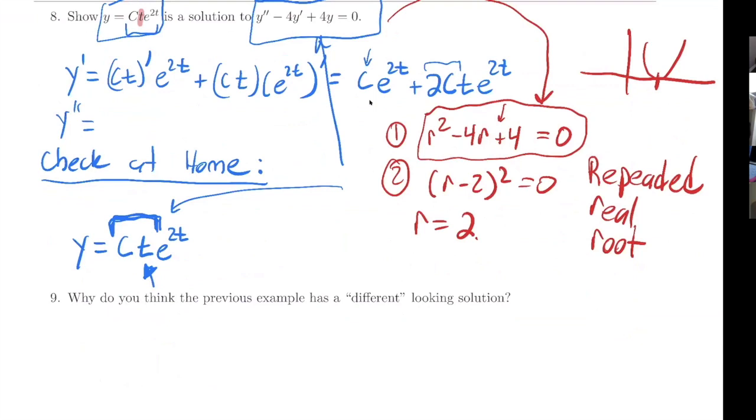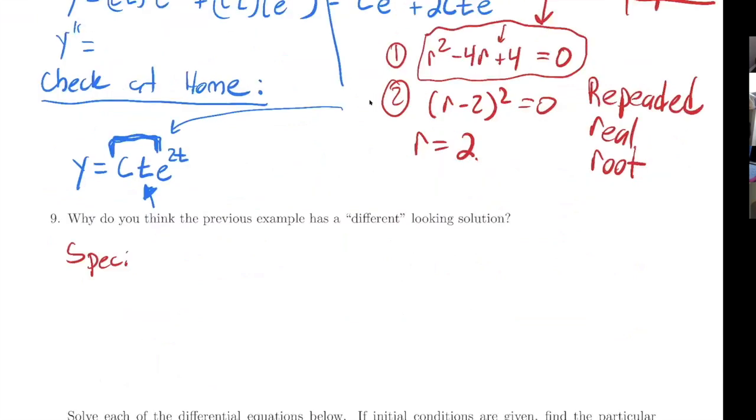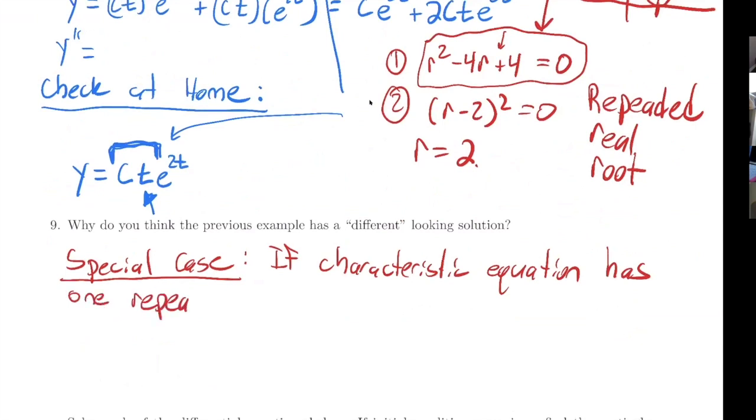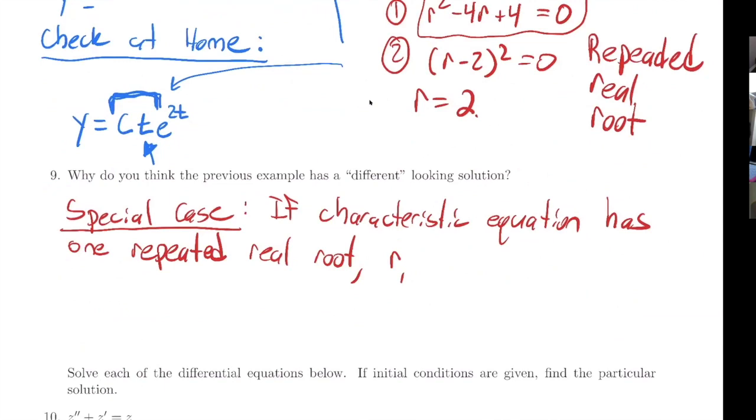And so let me just say, as a special case, if the characteristic equation has a repeated root, then the general solution would look like C1 e to the r1 t, and then for the second one, we put this extra t right here for the next term.